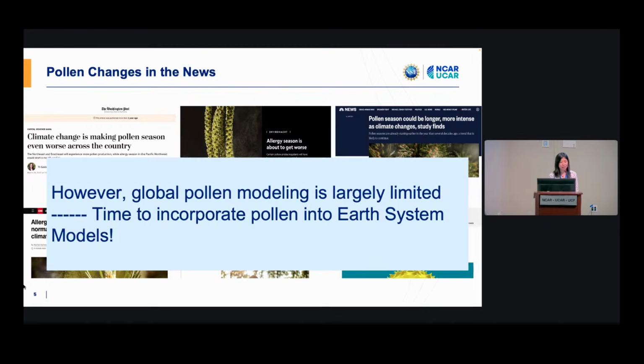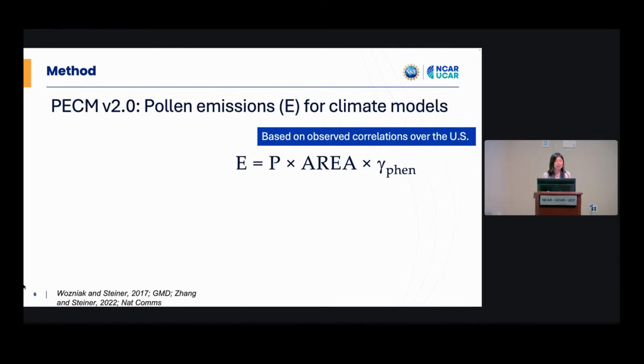So currently, we think it's time to incorporate pollen inside Earth system models. Other than us, ECMWF is also doing something similar. But anyway, this study would be one of the first, and we think it can be a big step in our field. The method is based on the pollen emission model I developed during my PhD in Steiner's group.